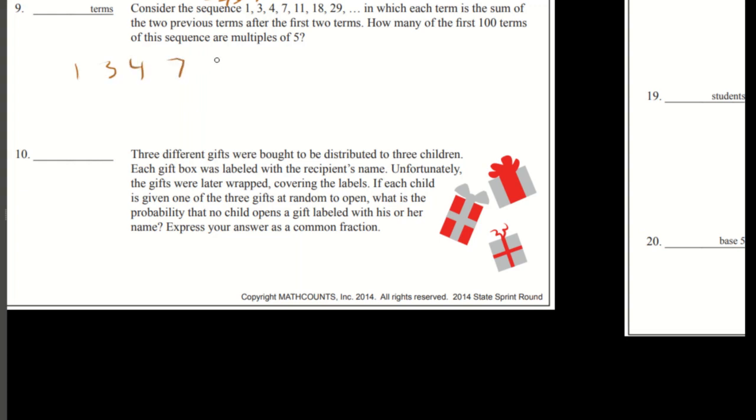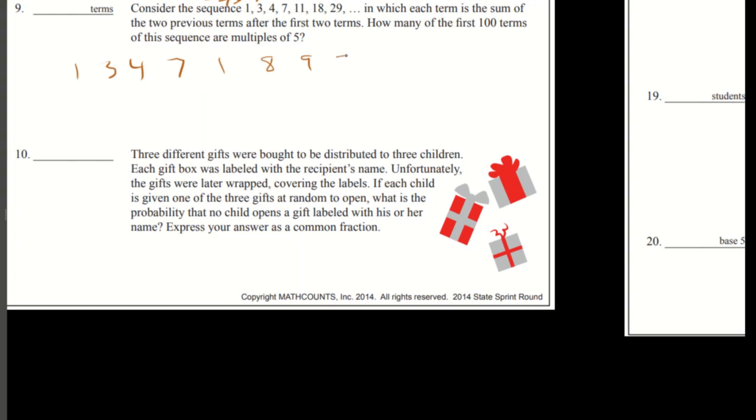The next one's 11, but you just need 1, and then you've got 8, and 9. So you can do this up to 100 terms and see how many of them are divisible by 5. That's a little bit of a shortcut, because if it has a 0 or a 5 on the end, yes. It still seems like a lot of work, but I guess we could try it.